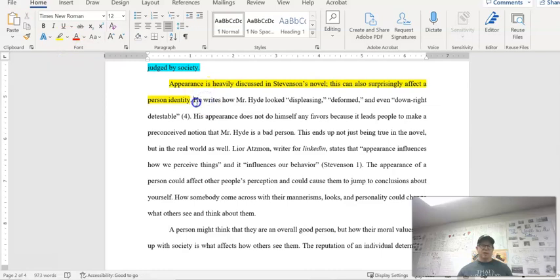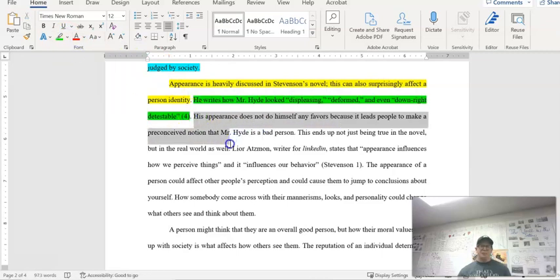Claim: he writes how his appearance does not do himself any favors because he leads people to perceive the notion that he is a bad person. Now this is some explanation, analysis. So I'll give you that.